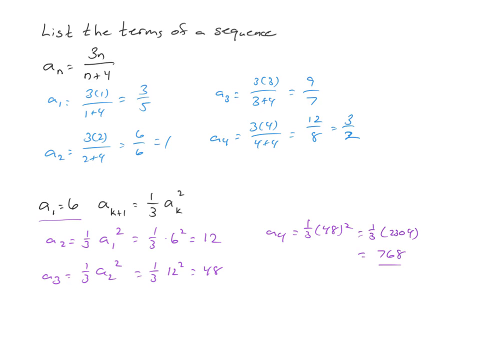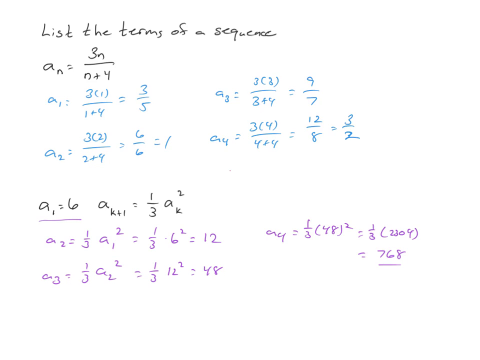Now remember, when we talked about these two ways of defining a sequence last year, we talked about the issue with the recursive definition. It's often a fairly easy one to work with, but you always have to go through all the previous terms. If I want the 10th term, I've got to know all the previous terms. With the a sub n definition here, let's say I wanted to find a sub 10.